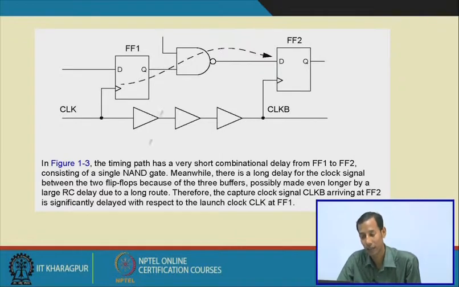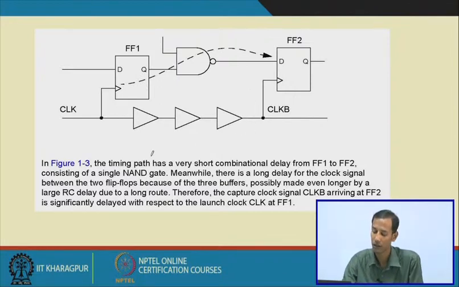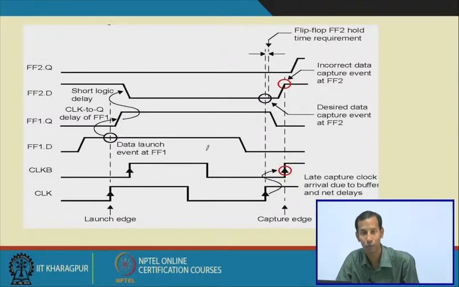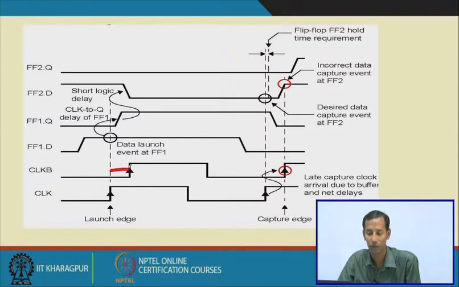So the path delay from Q to D is much shorter than the delay of the 3 buffers. So waveform-wise, this is the launch edge. After some time, this is clock B, as the buffers have been placed in between.